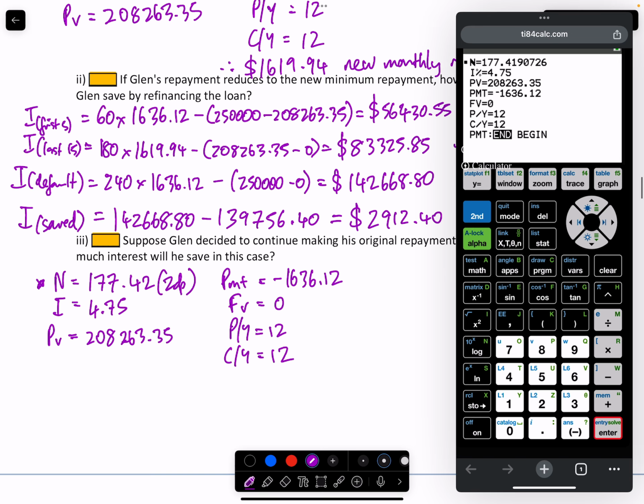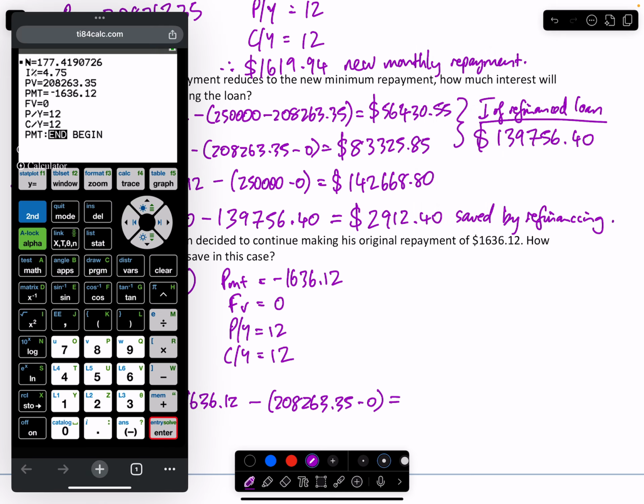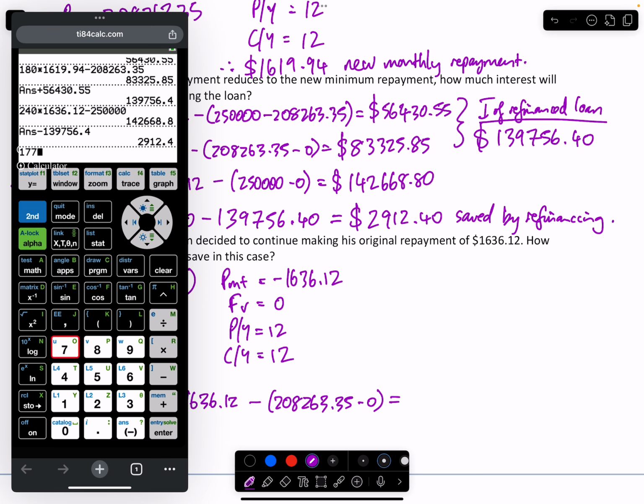How much interest is he going to pay in this time? Interest is going to be 177.42 payments of 1636.12 minus 208,263.35, take nothing. 177.42 times the payments of 1636.12 minus 208,263.35.